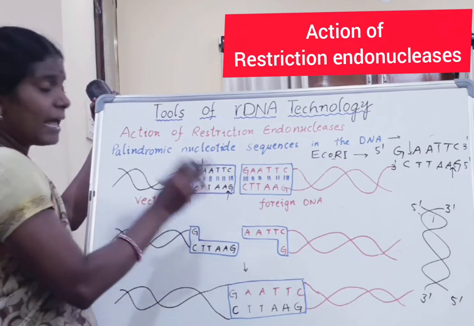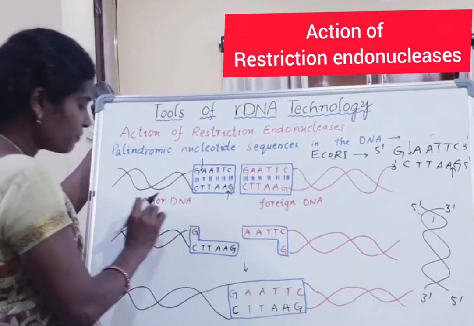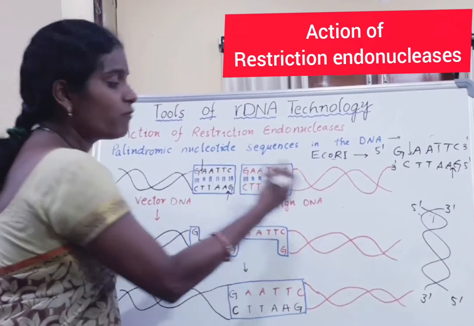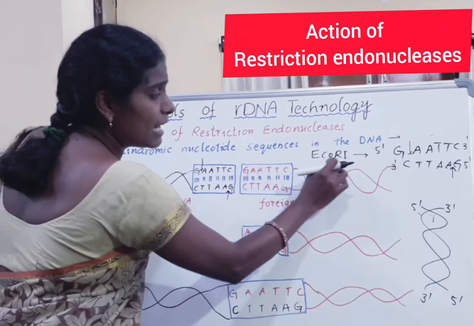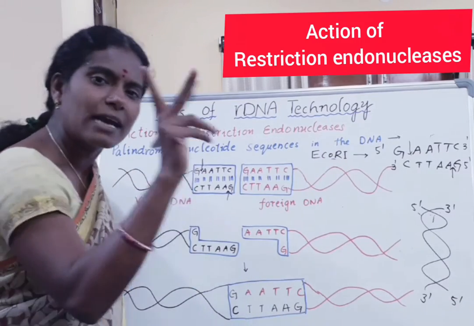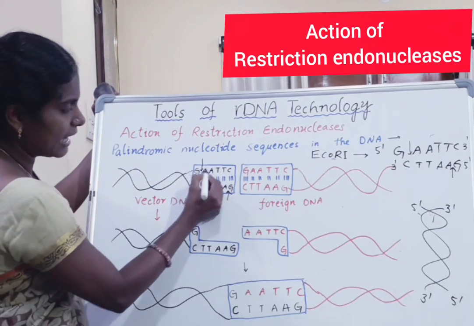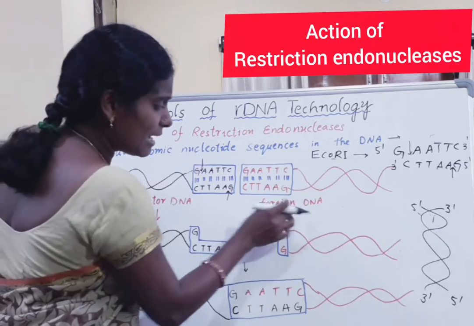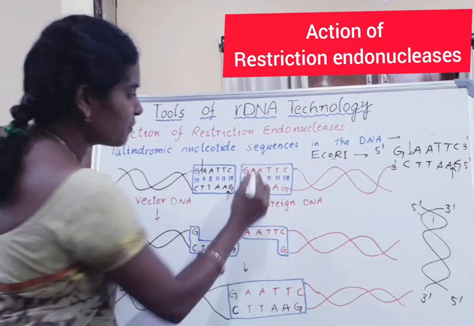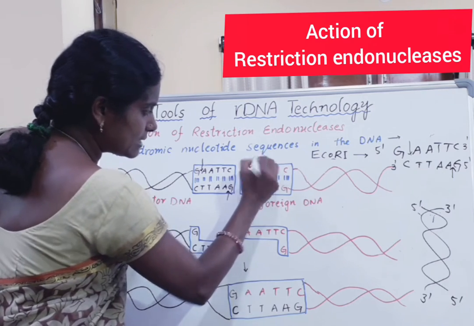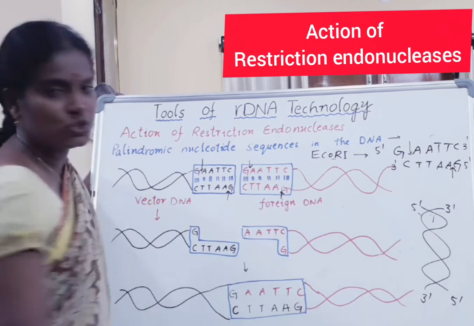Okay students, wherever GAA is present, in the vector DNA or in the foreign DNA, this EcoR1 recognizes it and cuts there. Let us see the foreign DNA, because we are using the same EcoR1 enzyme. Here GAA is there, and also from below.